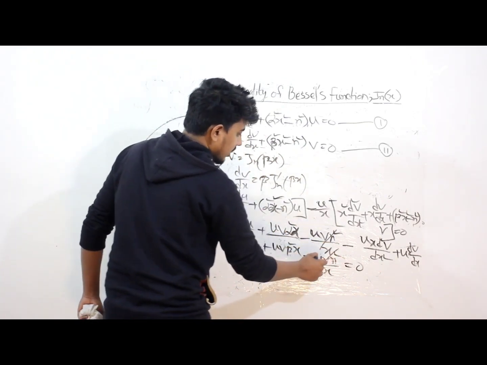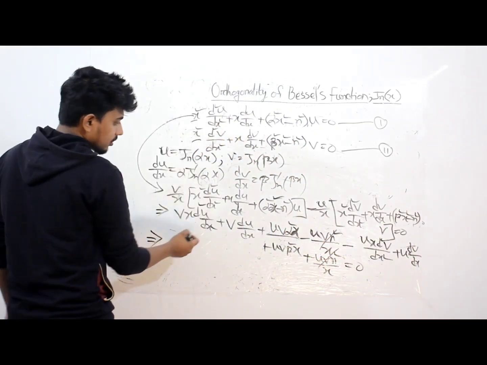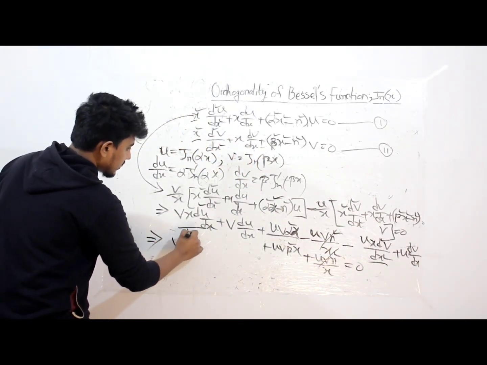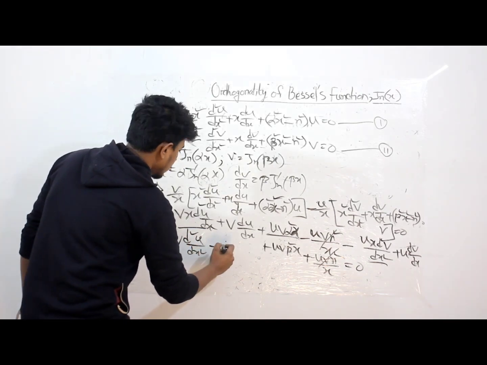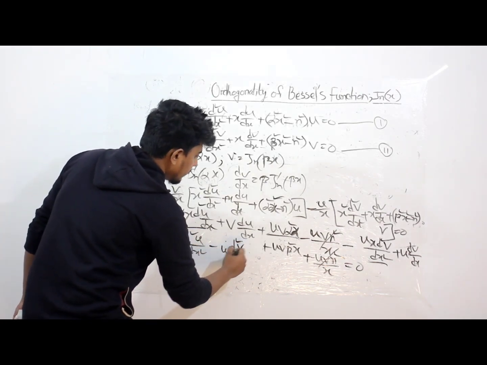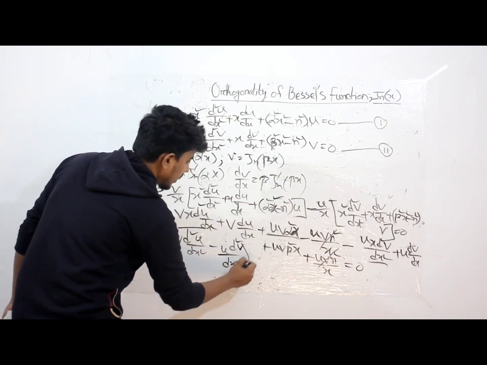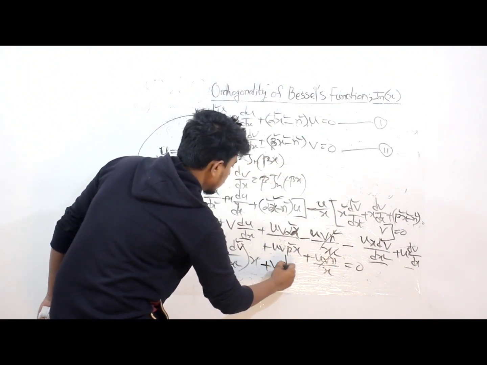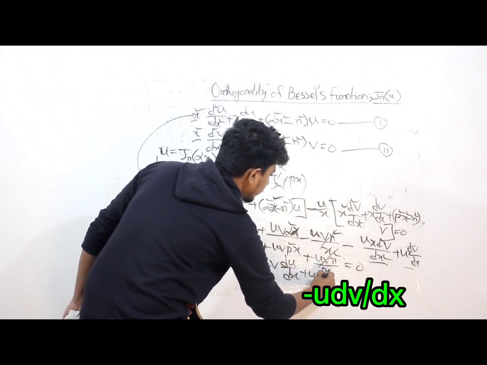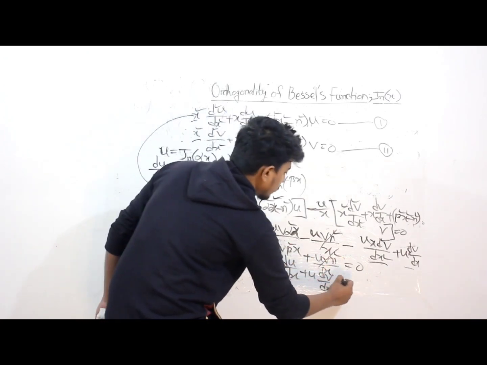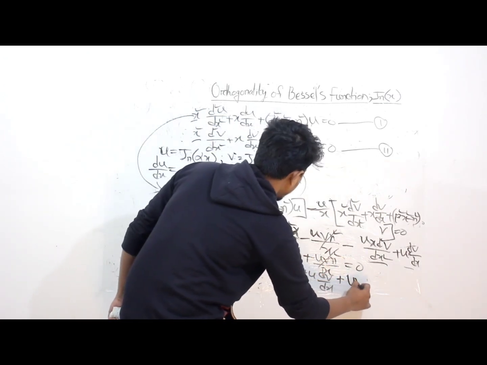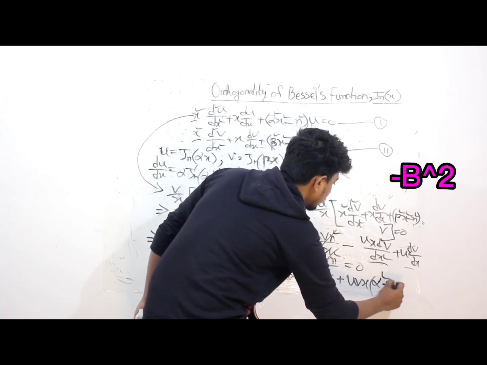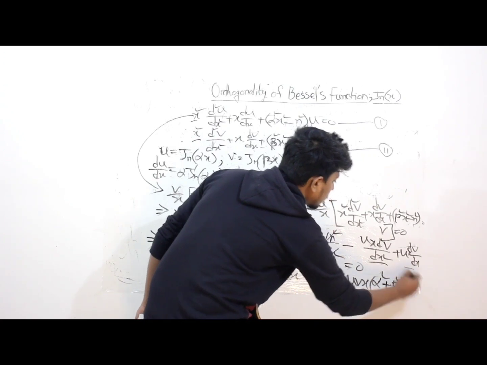Then this term will be cancelled. We can combine these two terms: v d square u by dx square minus u d square v by dx square into x, plus v du by dx minus u dv by dx, and these two terms also are added: u v x into alpha square minus beta square equals 0.